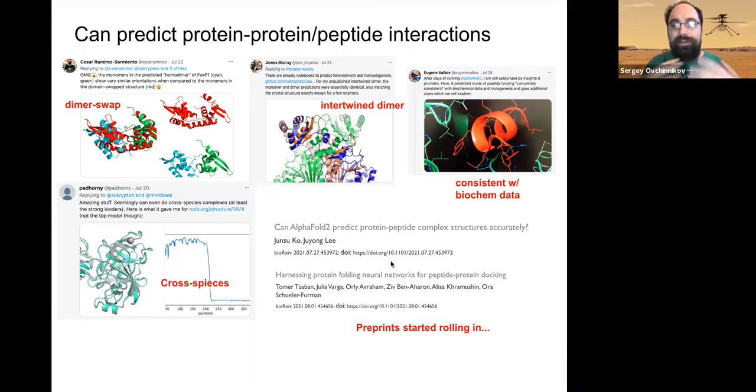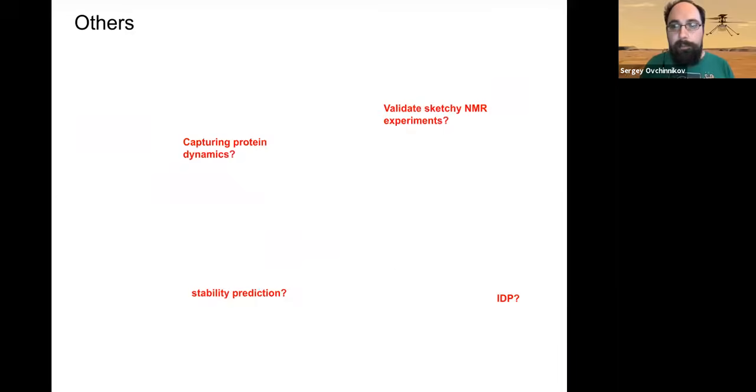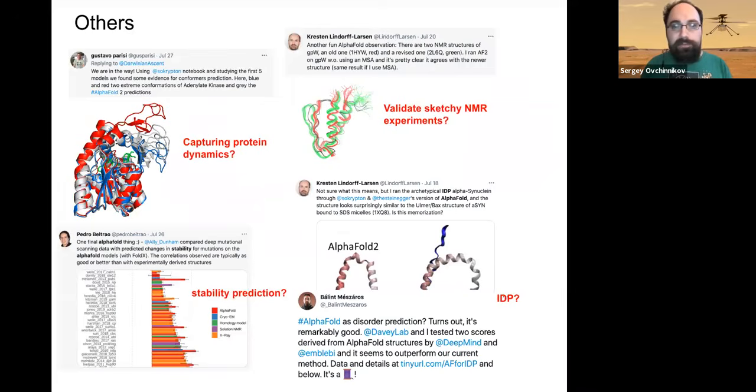So there's been a lot of interesting sharing, but besides protein-protein interaction, there's also been some really interesting stuff where instead of predicting a single model, you can take all the different trained models and output the structure, and it looks to be capturing some intermediate structures between known conformations.